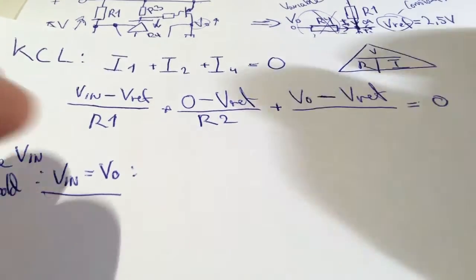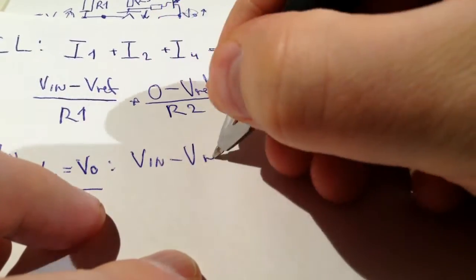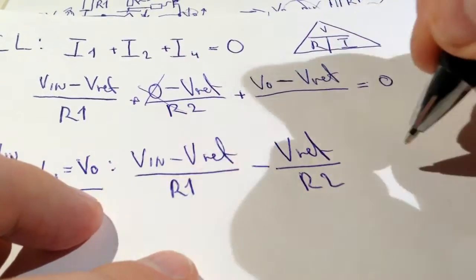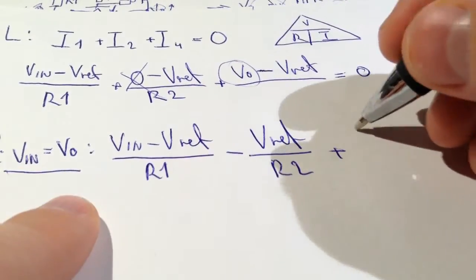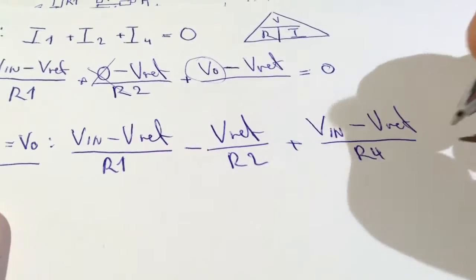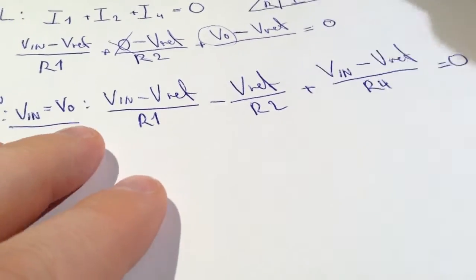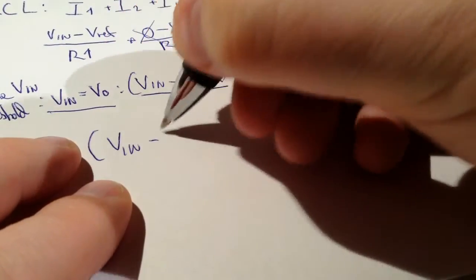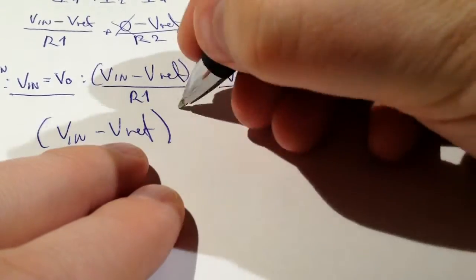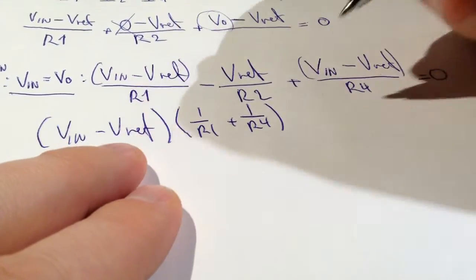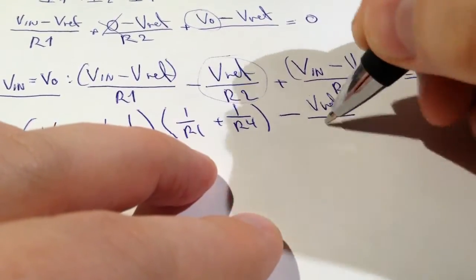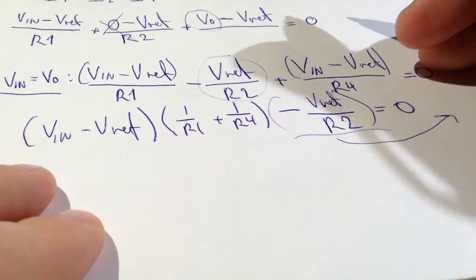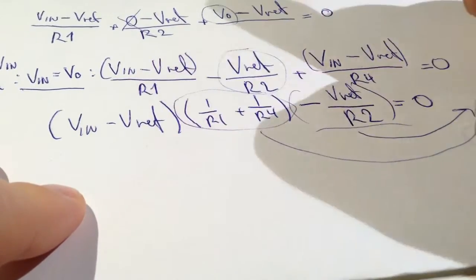And when you assume that V in is below threshold, then you have a condition that says V in is the same as V out. And that makes this equation much simpler, because then we can factorize it. So now it's factorized. Let's move that term over to the other side.